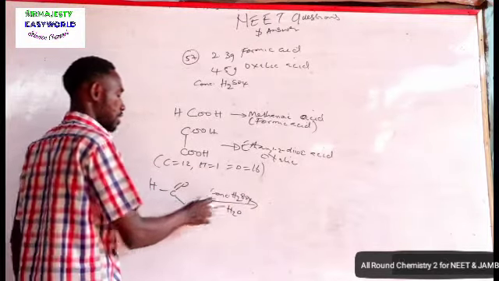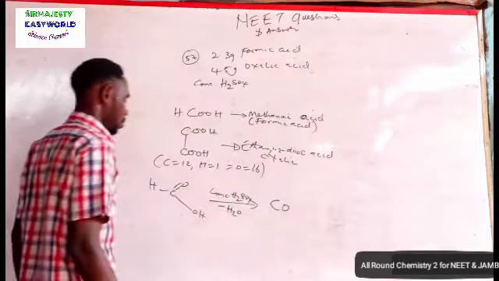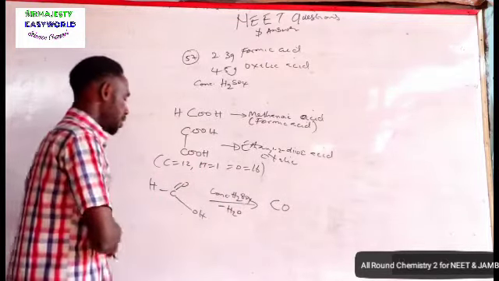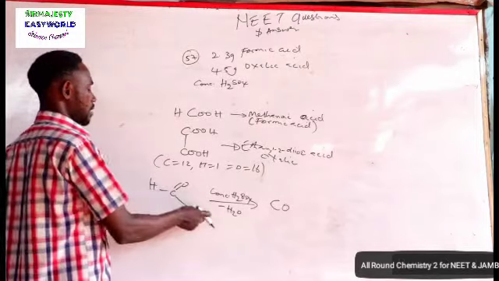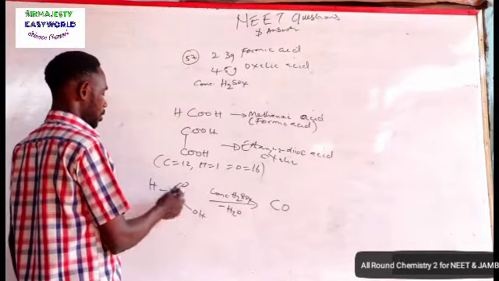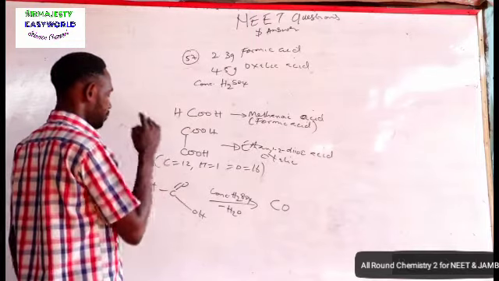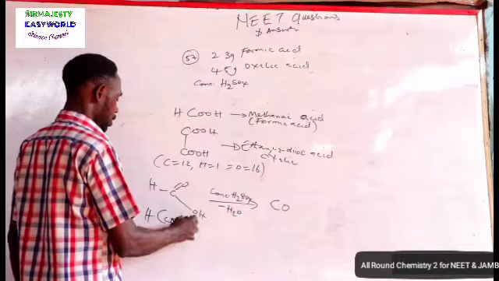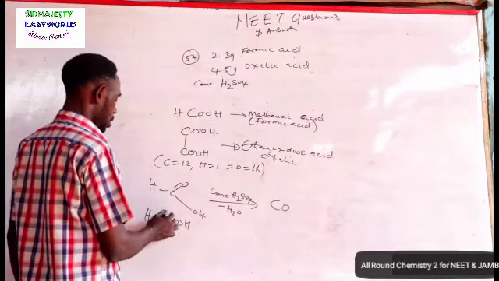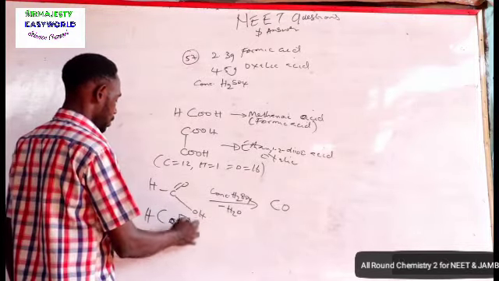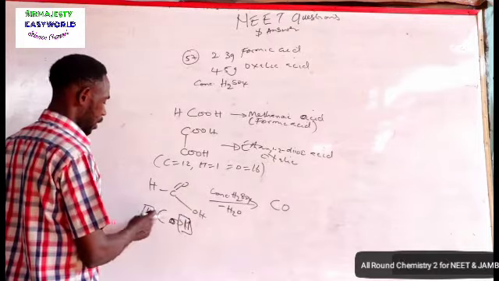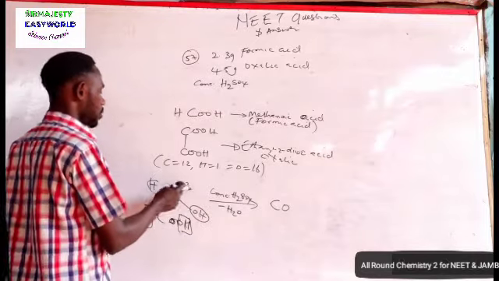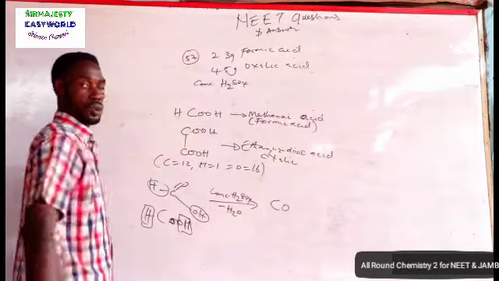It will dehydrate formic acid to produce only CO. Let's eliminate the H2O, meaning removing 2 hydrogens and 1 oxygen. So from HCOOH, remove this OH and this H, that is H2 and 1 O. What is left behind is only carbon monoxide.